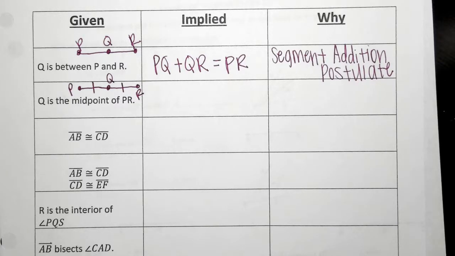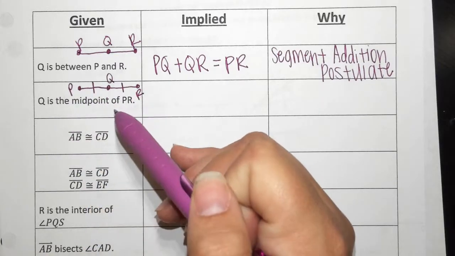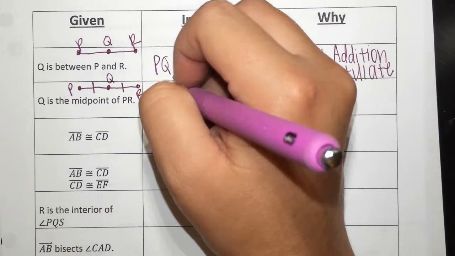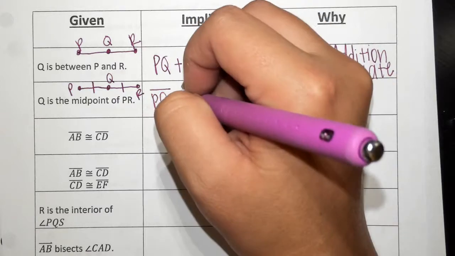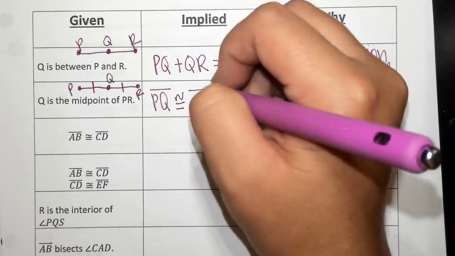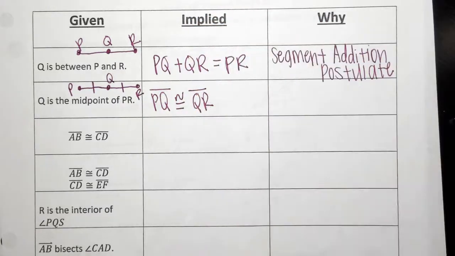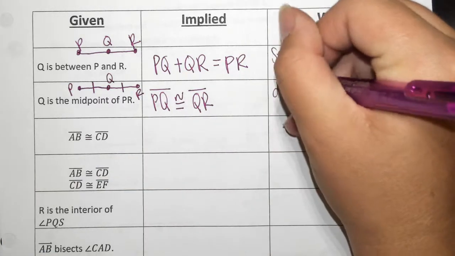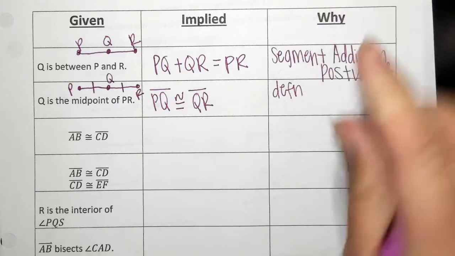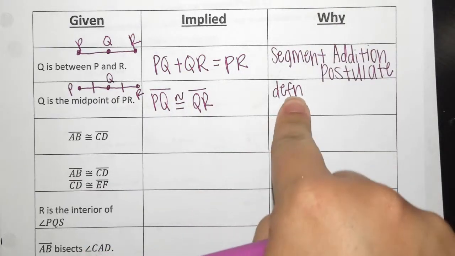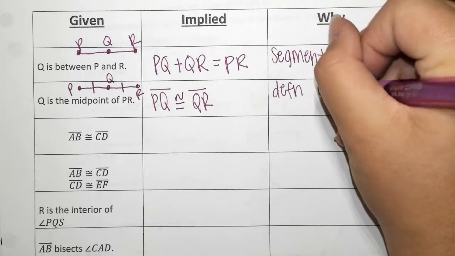If Q is the middle of PR, then you can say PQ is congruent to QR. That is called the definition. This is how I shorten the word definition. Definition of midpoint.